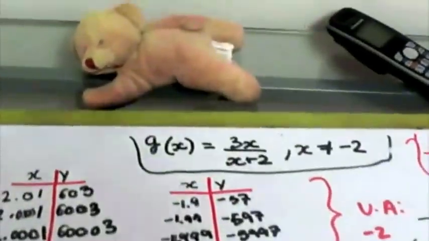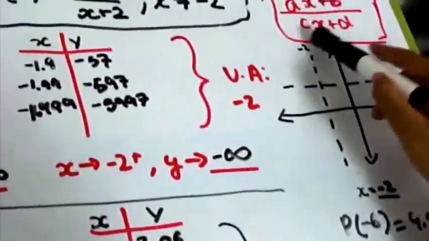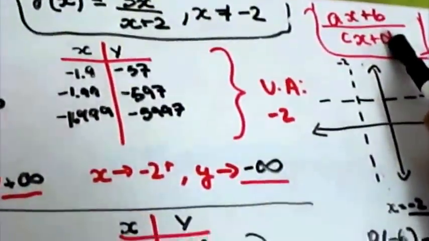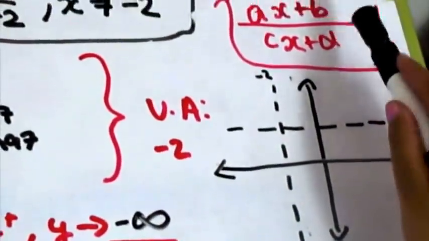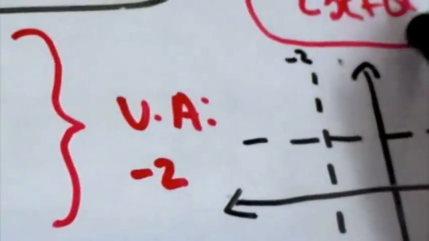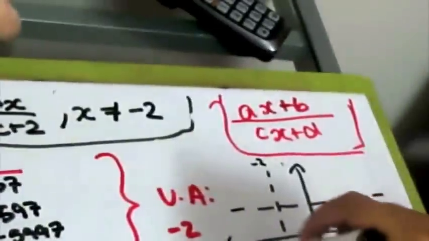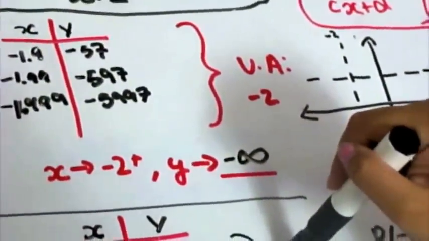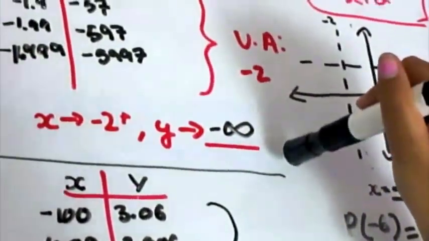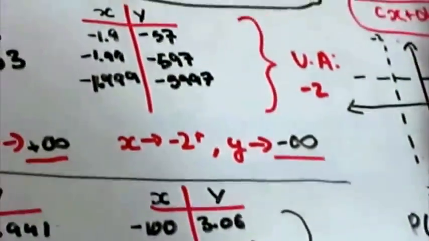In this section we're going to be looking at the rationals of the form ax plus b over cx plus d. The only difference between this section and the previous ones is that instead of seeing a horizontal asymptote of 0 when you do your tables, as you did in the previous sections, you're going to be seeing a non-zero horizontal asymptote.